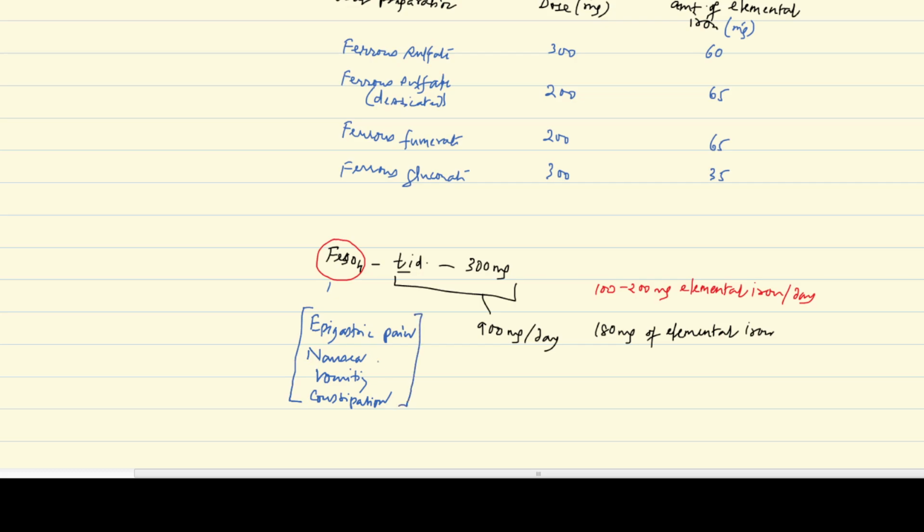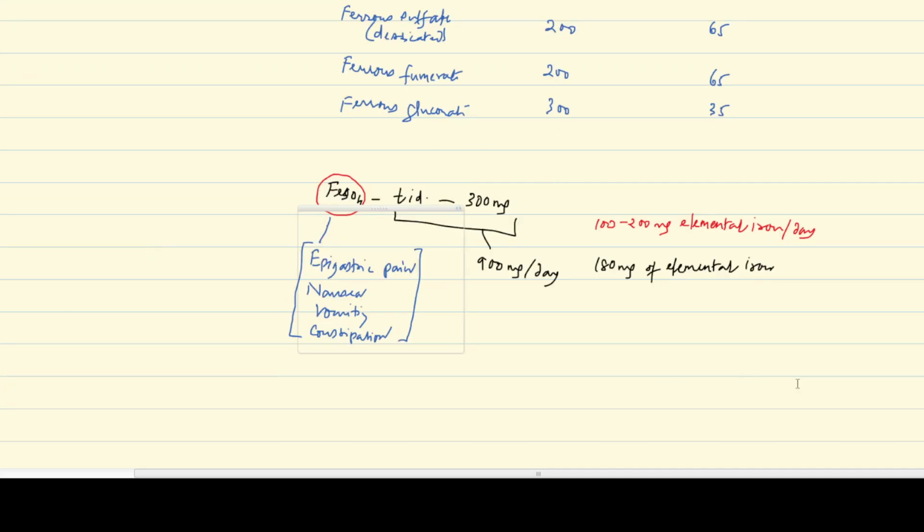And sometimes it is so severe that they stop taking the medication. So there is reduction in compliance. So that results in therapeutic failure. Okay, so how do we address this issue?